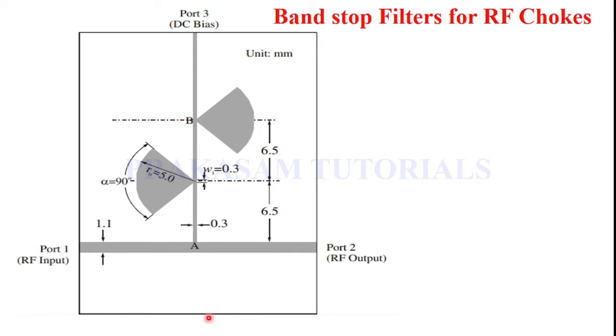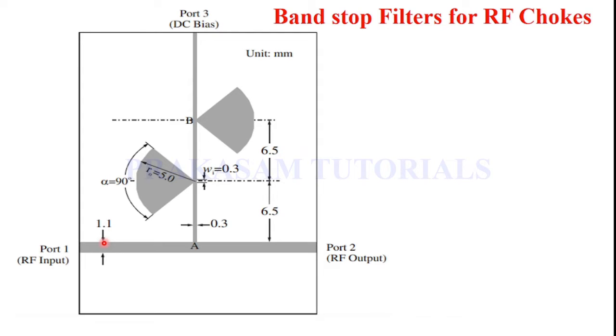And this is 20 mm. And now here the length and width of the substrate I am considering: this is 20 mm and this is 30 mm. And this width is 1.1 mm. So now in this design I am considering material Rogers RT Duroid, and its dielectric constant is 10.2, and consider the height of the substrate is 1.27 mm.